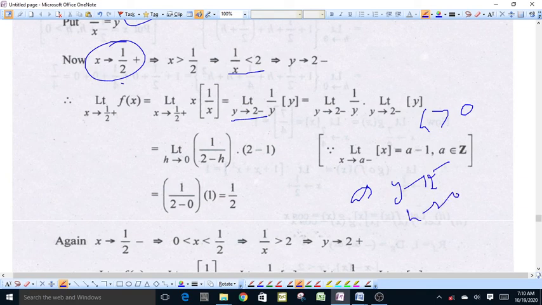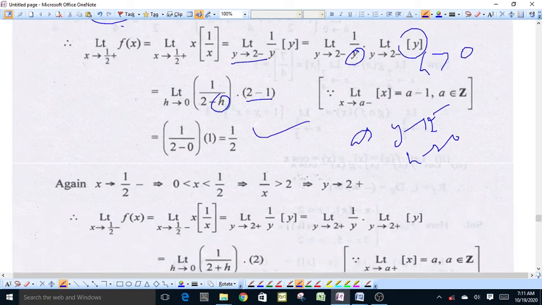So this limit becomes equal to limit of h approaches to 0, 1 by 2 minus h, because we have put y is equal to 2 minus h, and value of greatest integer of y when y approaches to 2 from left will be equal to 2 minus 1 from the definition of greatest integer function. Now when h approaches to 0, this will be equal to 1 by 2 minus 0 into 2 minus 1, which will be equal to half.